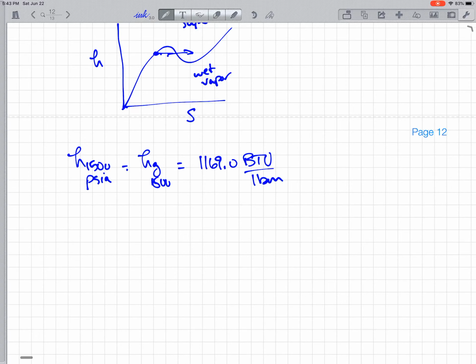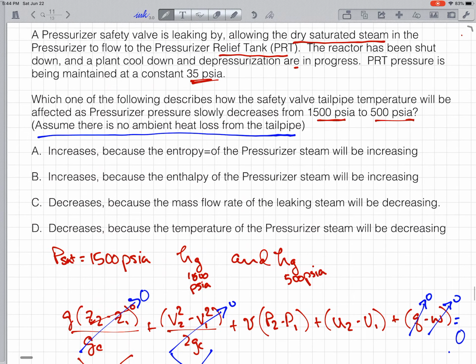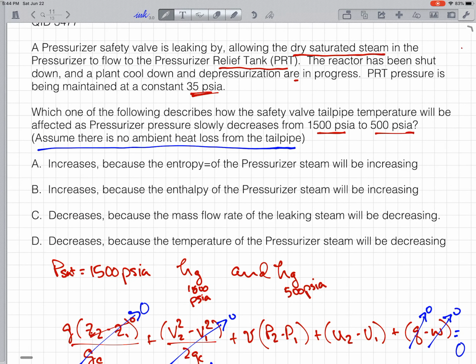All right, so that is going to be the enthalpy at the tailpiece. 1,500 is what I'm going to call out. Now, is that saturated? Is that superheated? Well, I really don't know. So, what we need to do, sorry, that's not 1,500. That's going to be 1,500 to 35. Because remember, the tank is at 35 psia.